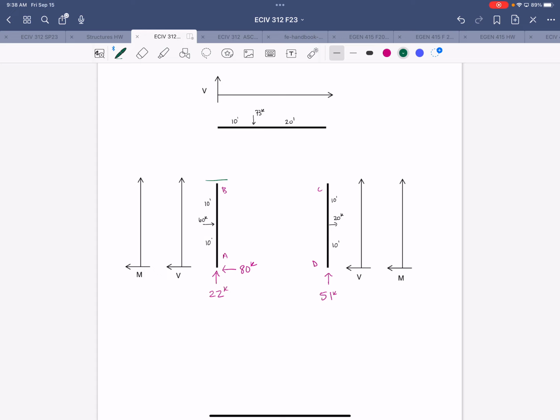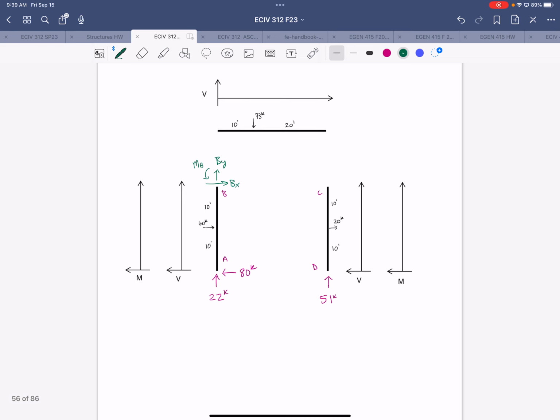All right, so we have BX, BY, and a moment, MB. And then over at joint C, we'll have CX, CY, and a moment, MC.